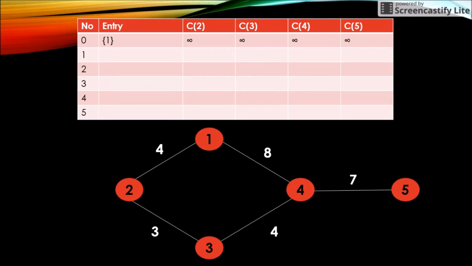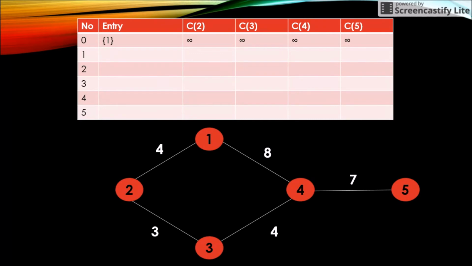As you can see, the number is the step number, the entry is the router entry, considering the first to be the source. C is the cost, while the number in brackets is the name of the router. So the cost required to move from the entered router to this particular router is mentioned over here. Moving further, in step 1 we have given the values as they are.